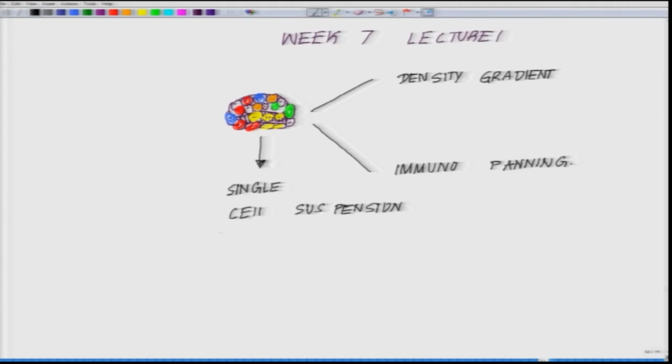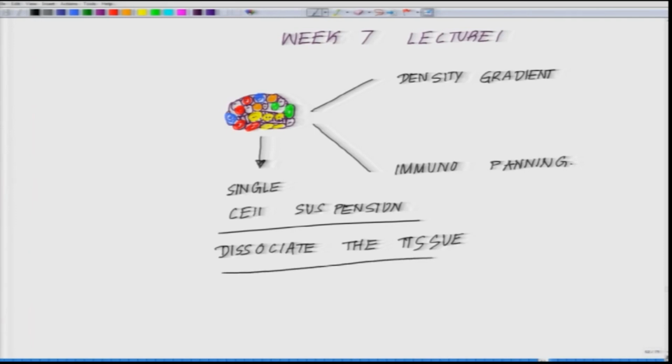and this single cell suspension means essentially if you dissociate this tissue, what you will be getting is something like this.